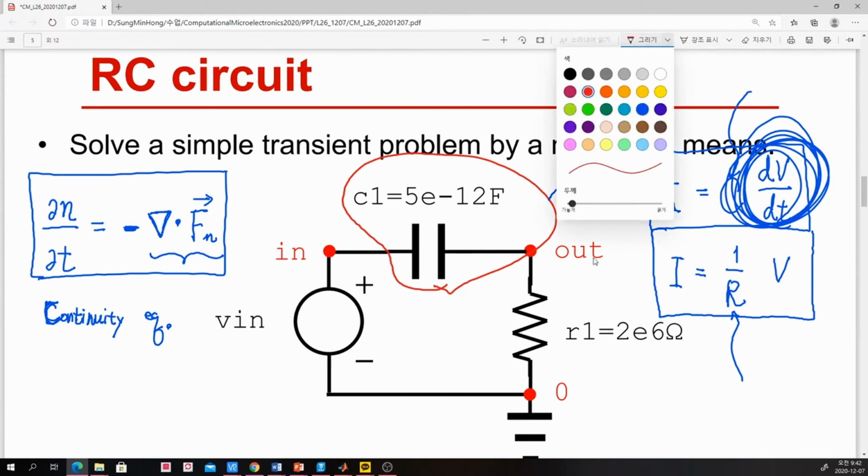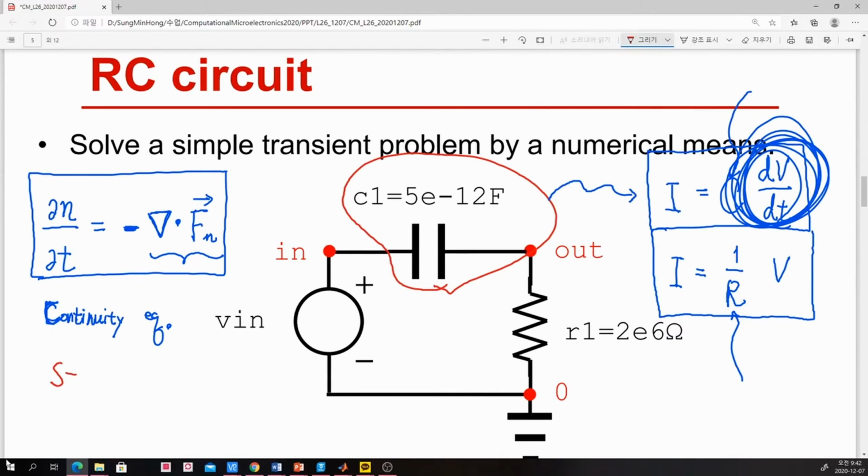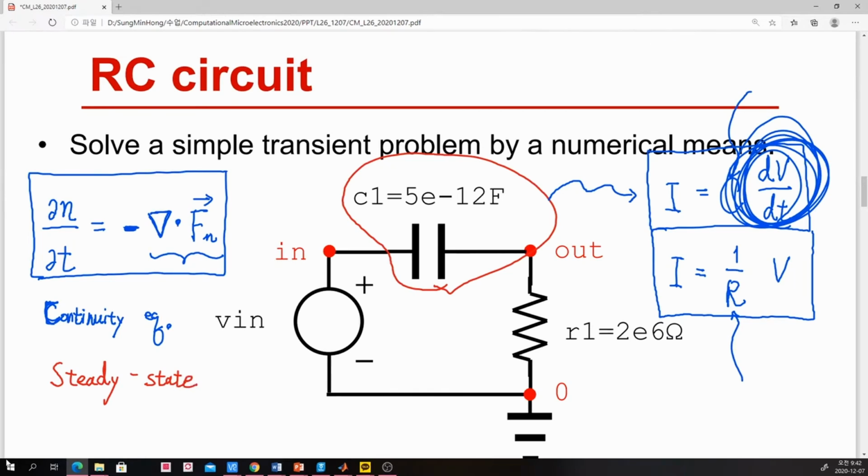What was the reason? Because we introduced a magic word: we now consider only steady state. Then when you say steady state solution, from its definition, we can easily eliminate any kind of time derivative terms.